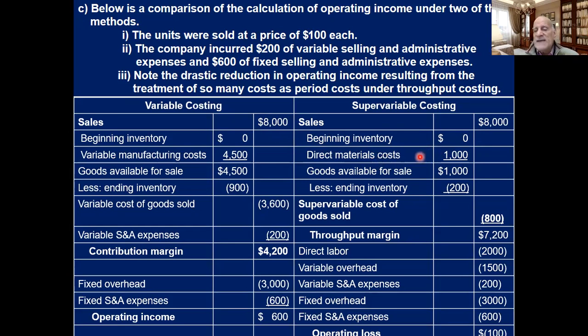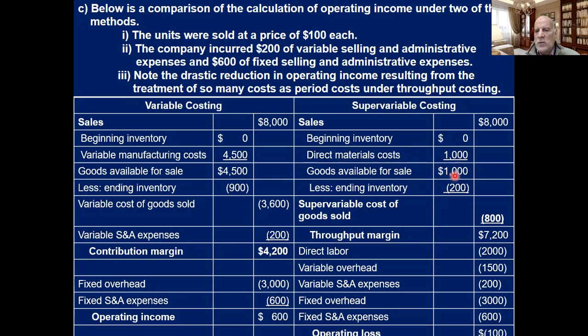As we learned, cost of goods sold can be computed by having the beginning inventory, which is 0, added to the direct materials costs, which we consider super variable costs.